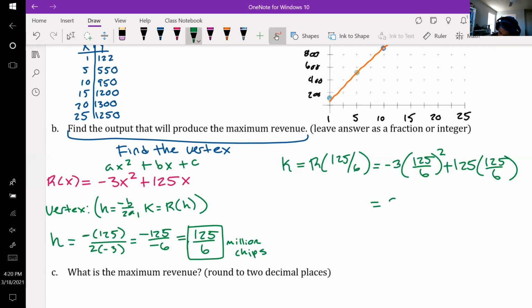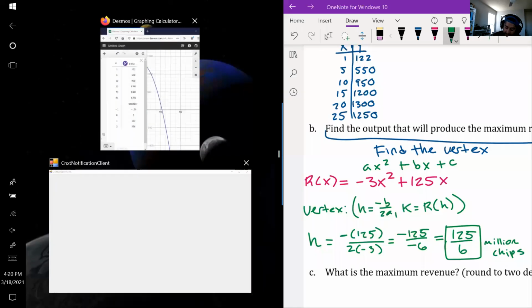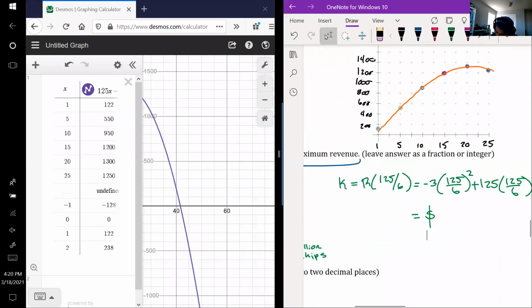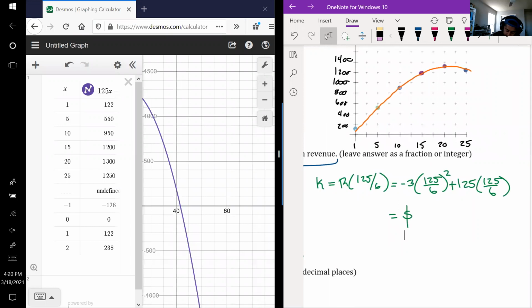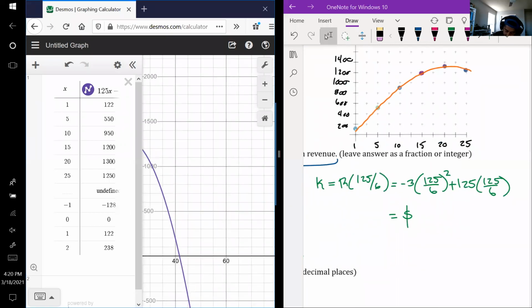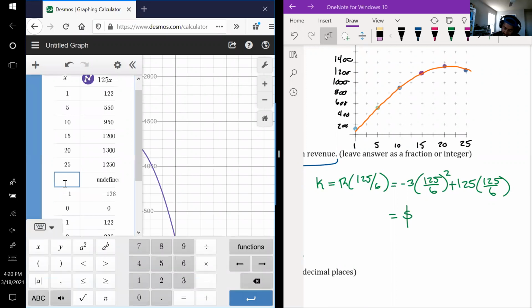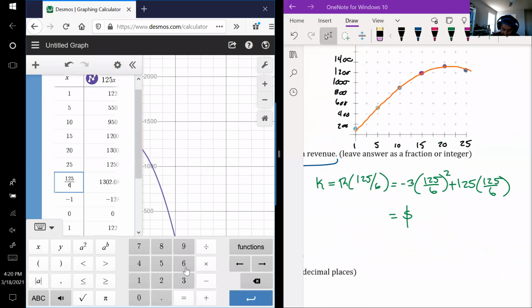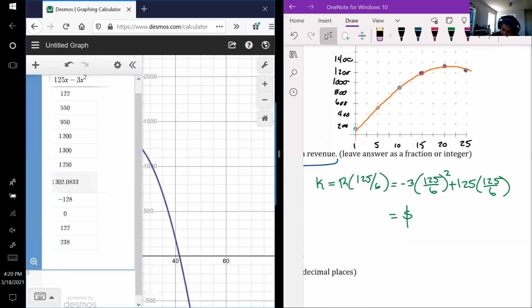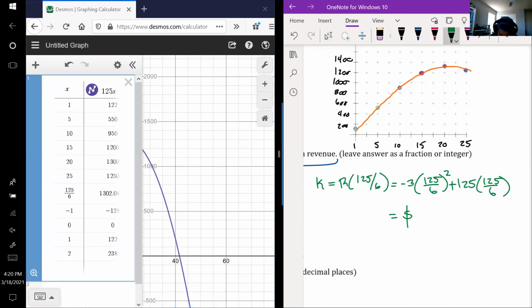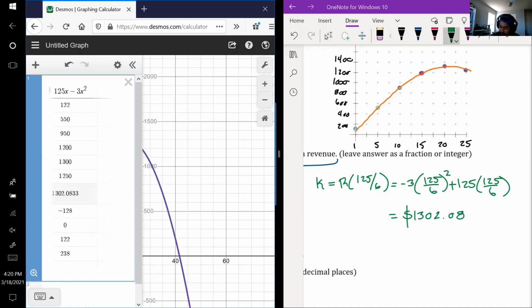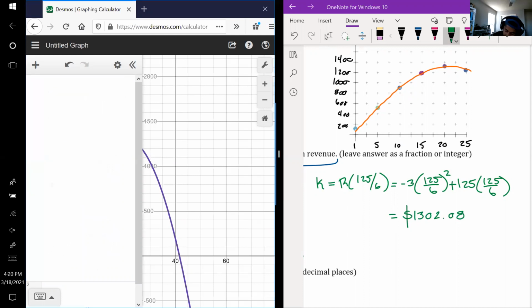And of course, we're going to use Desmos for the win here. That's a lot of fraction math. I already have the revenue function up. So all I have to do is type in 125 over 6. Sweet. And we get 1302.08. That's it. Let me just verify that that's right.